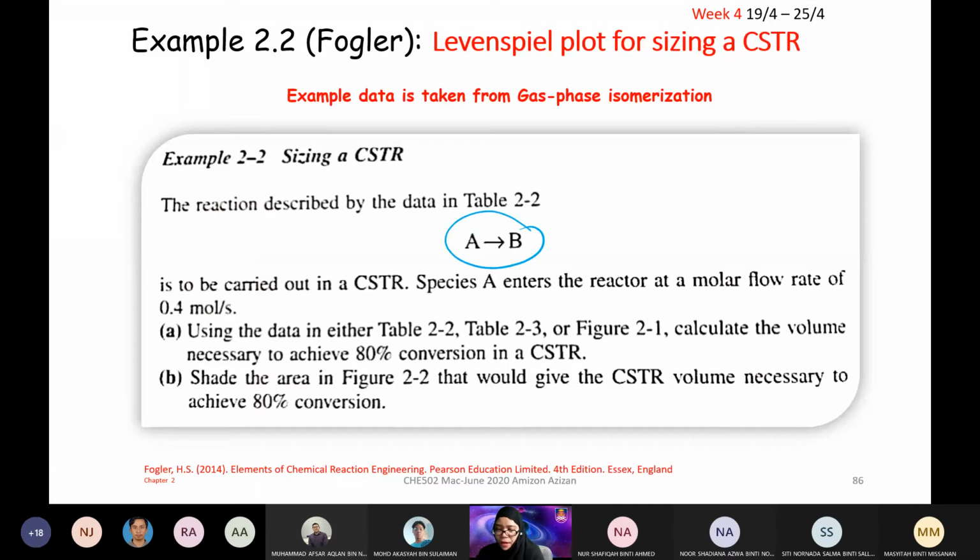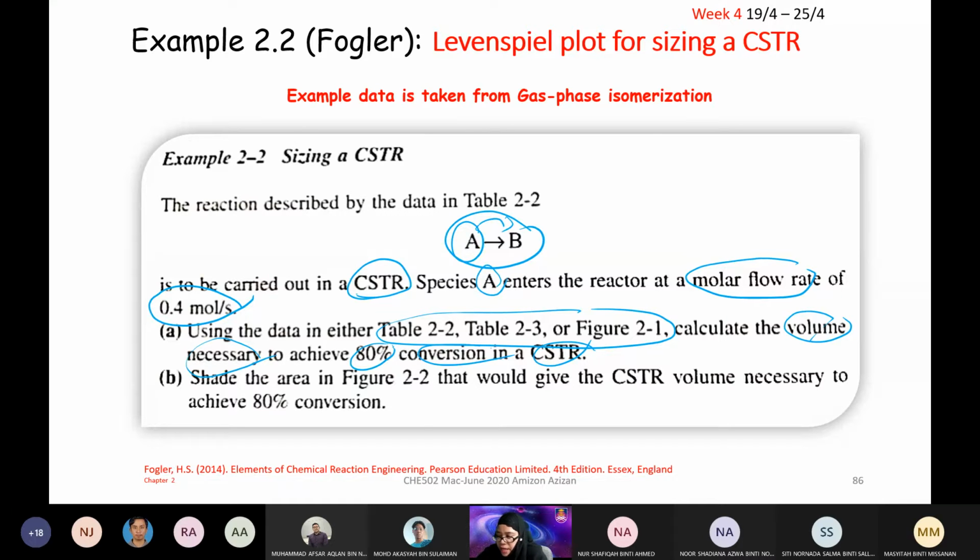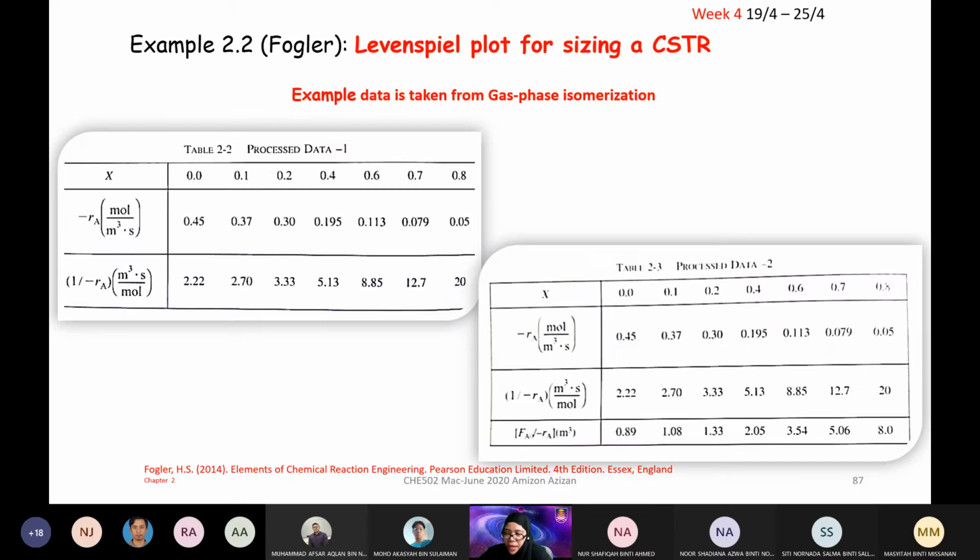With this simple reaction whereby A produces B in a CSTR, A enters at a concentration of 0.4 moles per liter. Then we use the data collected to calculate the volume necessary to achieve 80% conversion in the CSTR. We want to know the volume of the CSTR necessary using this figure, with the same conversion, 80%.